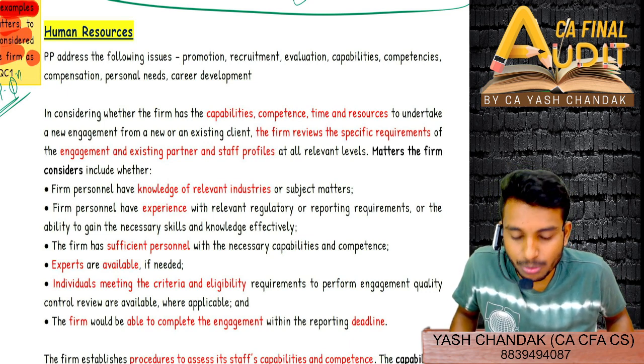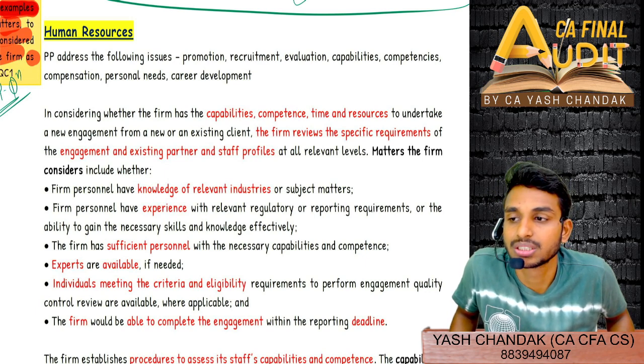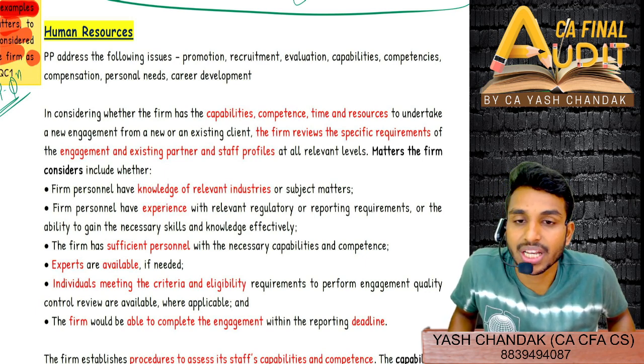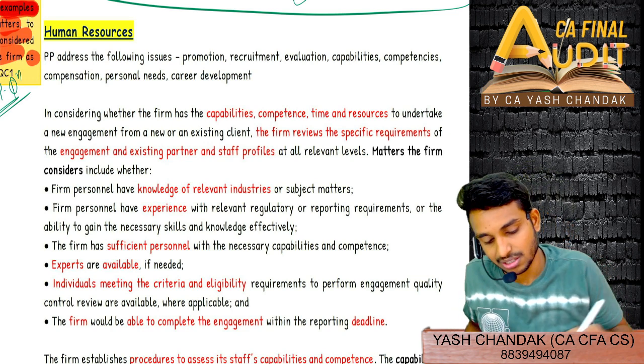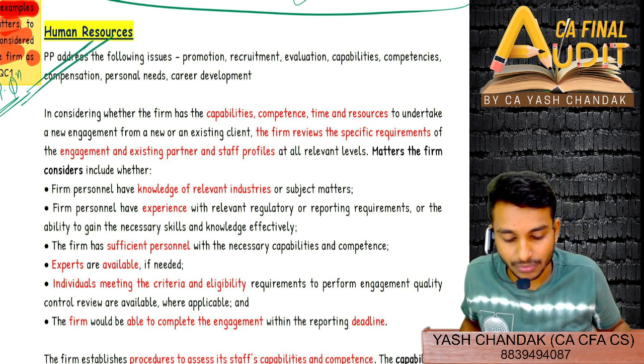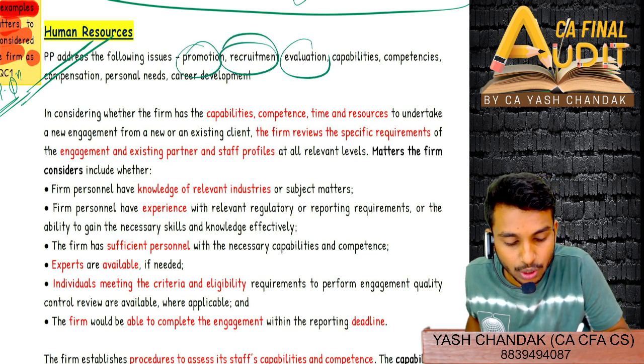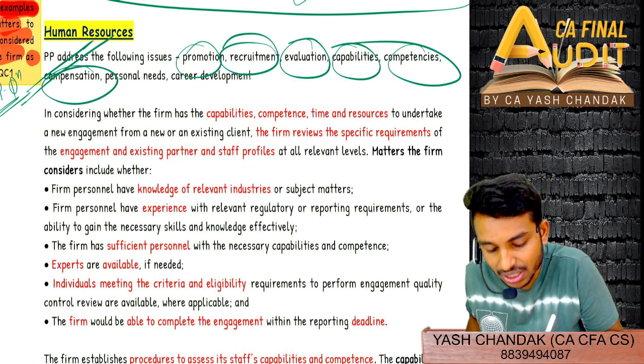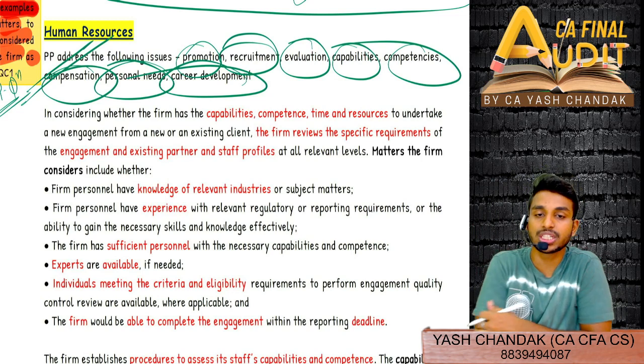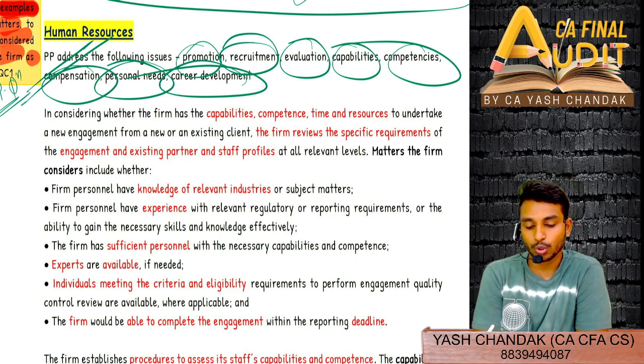So all these points have to be seen in human resources: promotion, leaves, whether you are able to leave the office on time or not. The promotion part, recruitment, evaluation, capabilities, competency, compensation, personal needs, career development, each and every point needs to be added into human resources.